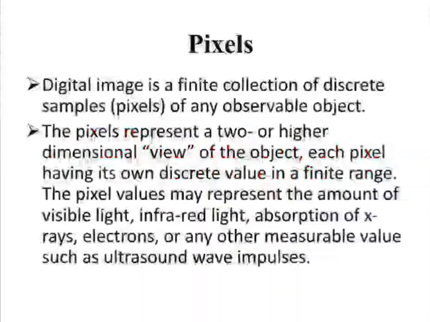This set of pixels, called the four neighbors of P, is denoted by N4(P). Each pixel is at a unit distance from (x, y), and some of the neighbor locations of P lie outside the digital image if (x, y) is on the border of the image.